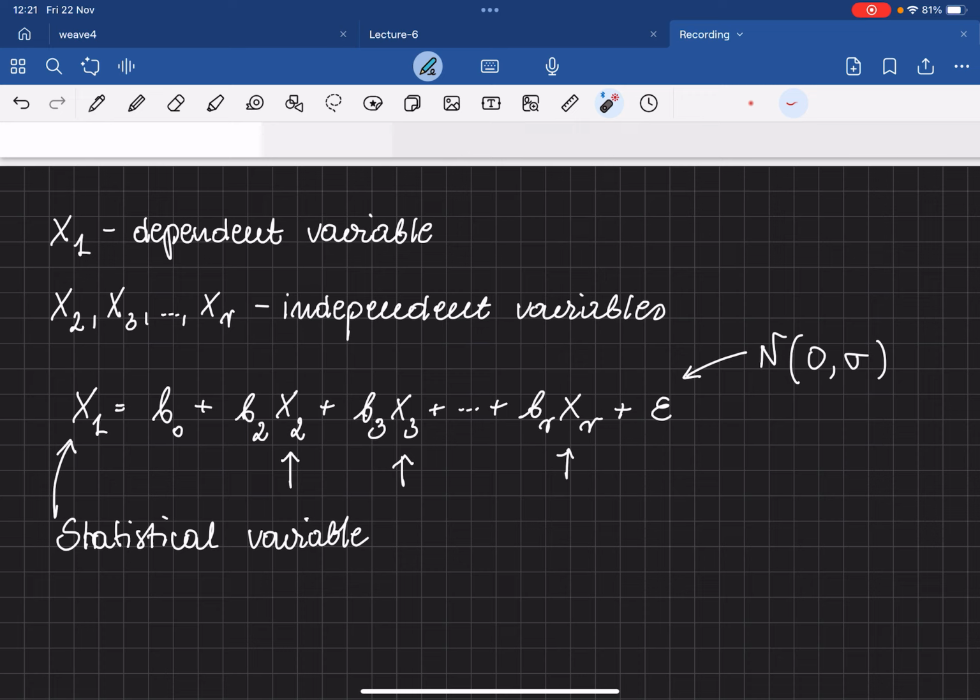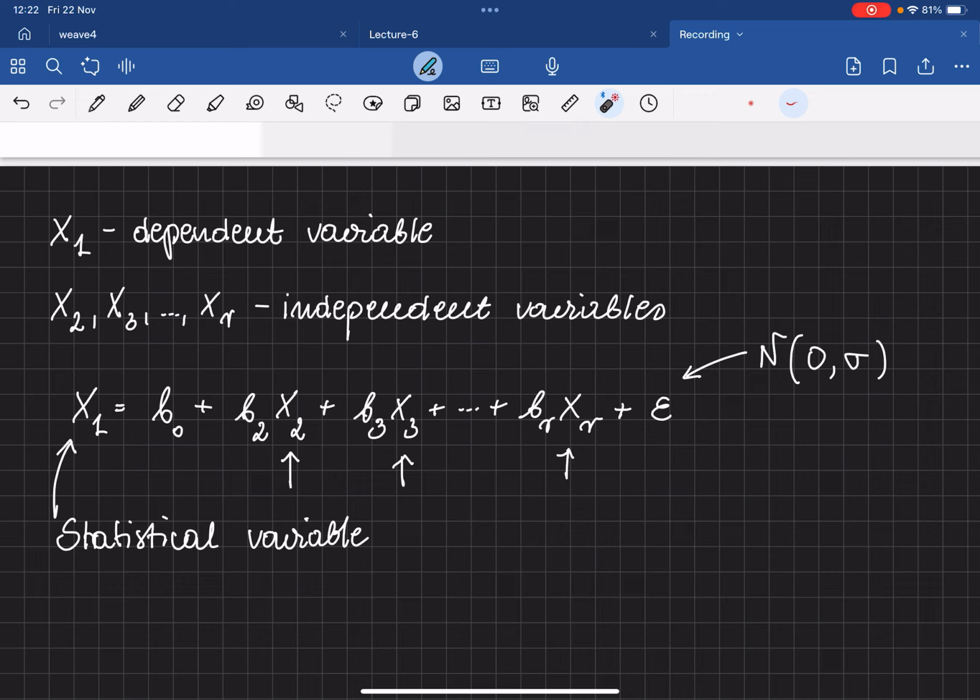So in each subgroup, x1 variable also has normal distribution with mean value depending on values of independent variables. However, the variance is the same in each subgroup.